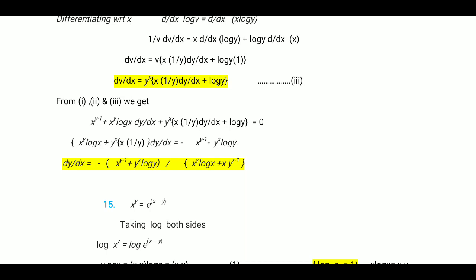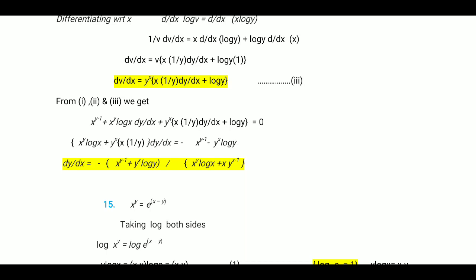So separating the terms which are containing dy upon dx and which are without dy upon dx, now we get dy upon dx is equal to minus, here y is, y x power y minus 1 plus y power x log y upon x power y log x plus x y power x minus 1.